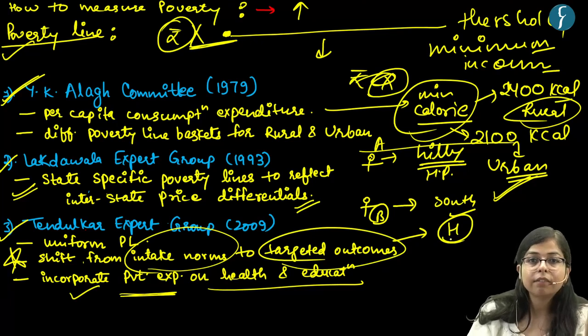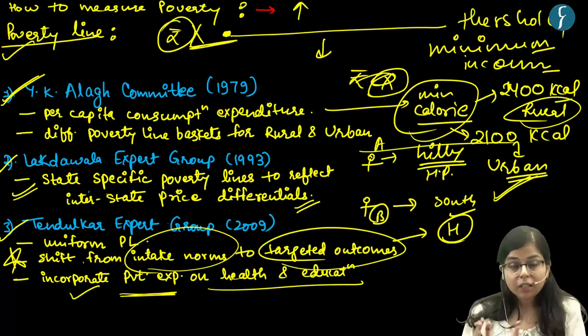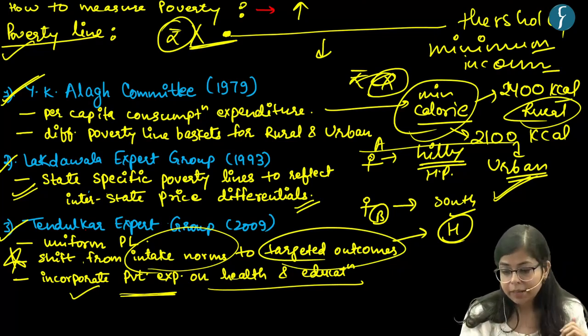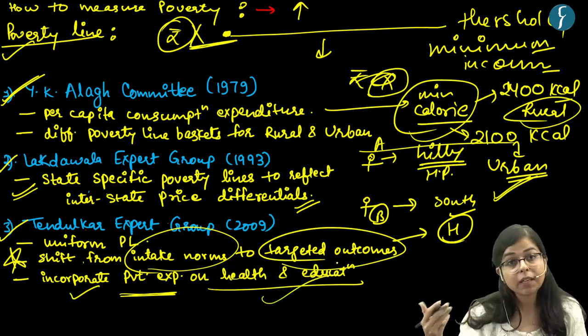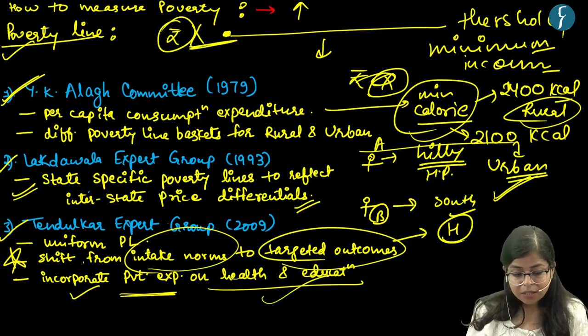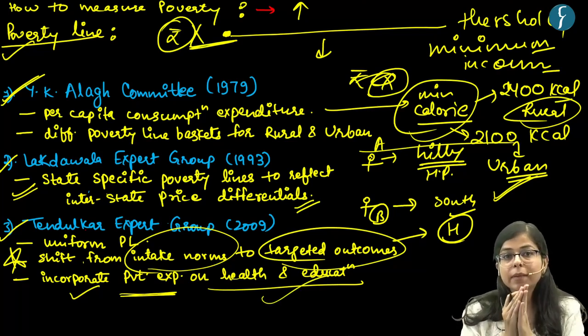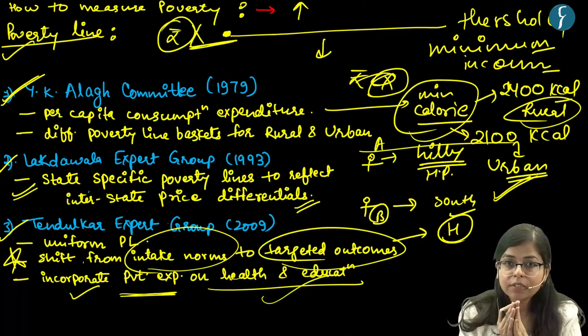The decrease in infant mortality rate, the decrease in maternal mortality rate, and for the education sector, say the decrease in dropout rate, increase in gross enrollment ratio. So it should also include the targeted outcomes, right? And the private expenditure on health and education must be incorporated. So this was the general overview of consumption based poverty estimation in the country, which is done with the help of poverty line.